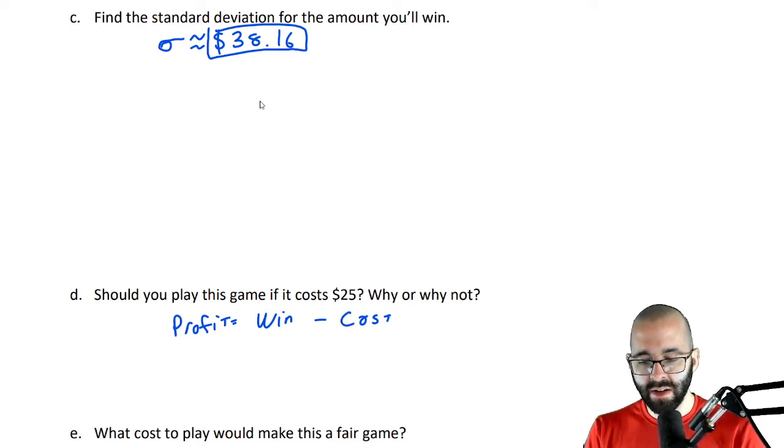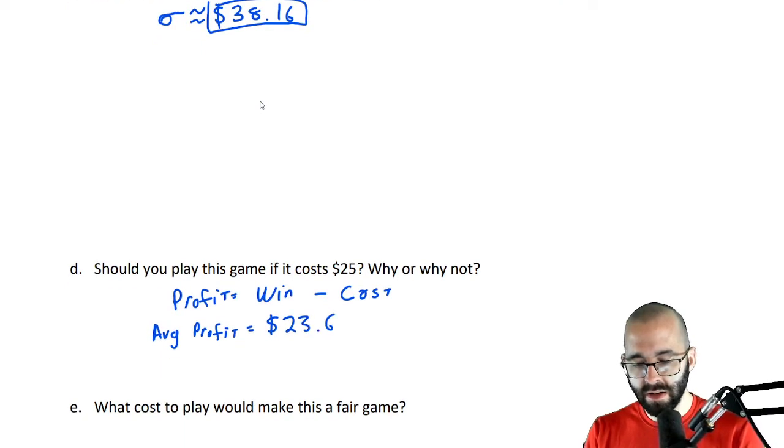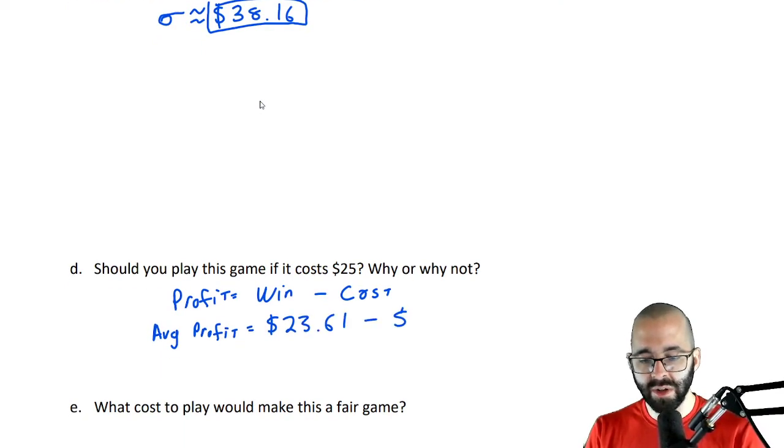So here, our average profit is our average win, which is 23.61, minus the average cost. Well, the cost is the same every single time.